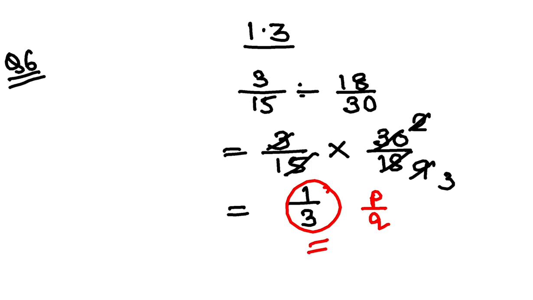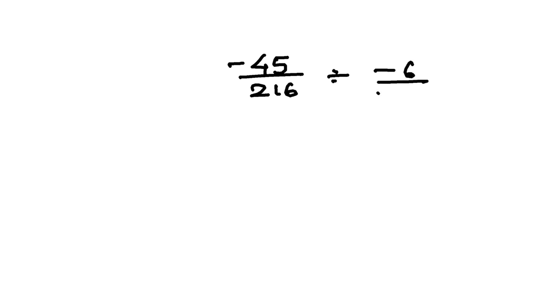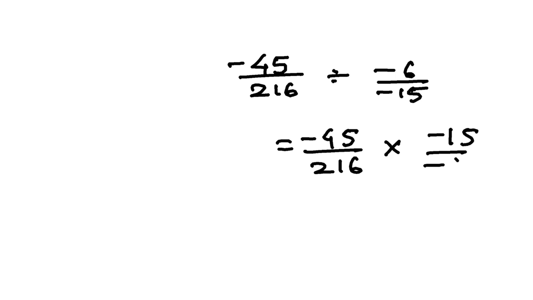rational number. Okay, let's take one more for your better understanding. So the next question that I'm taking is, suppose minus 45 by 216 divided by minus 6 by minus 15. So now minus 45 by 216 into minus 15 by minus 6, taking reciprocal, these two negatives are cancelled. Okay, by 3 15 times, by 3 2 times.